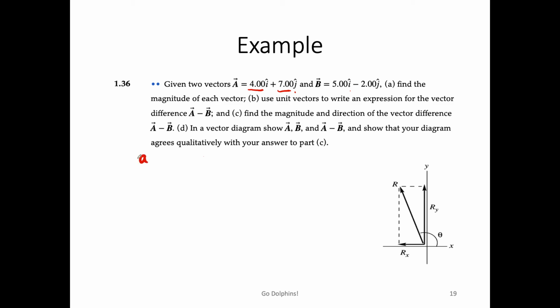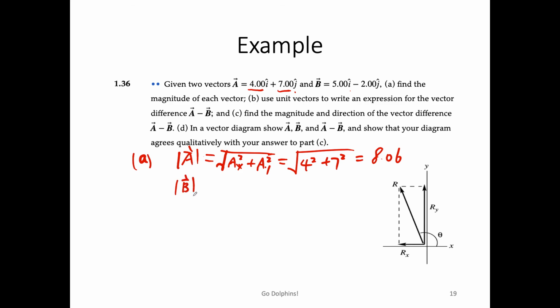So start with vector A. Magnitude of A equals the square root of ax squared plus ay squared, 4 squared plus 7 squared. This magnitude of A is 8.06.